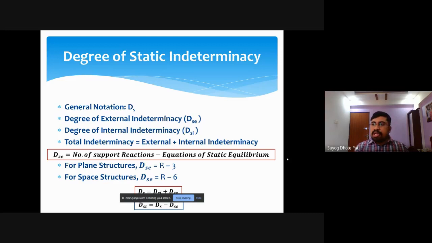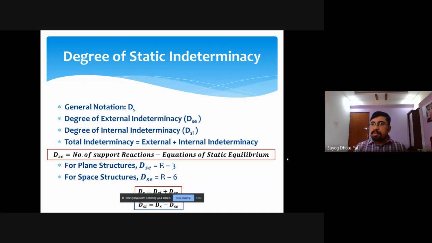Whereas in internal indeterminacy there will be a relation between the members, meaning one member is subjected to some kind of force. So what will be the effect of one member on another member, that will be the internal indeterminacy, or we can say internal relation.